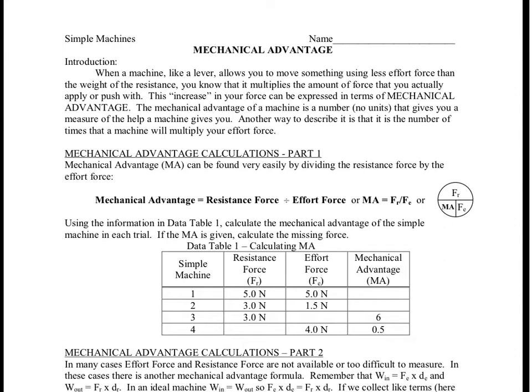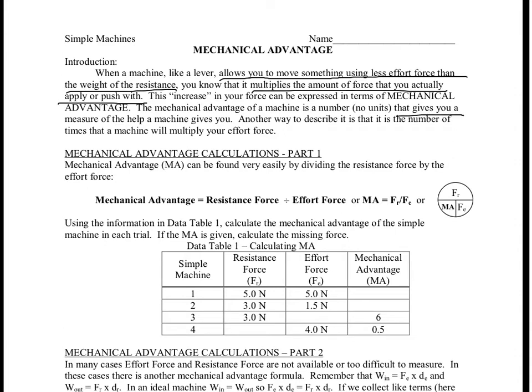When a machine, any type of simple machine, allows you to move something with less effort force than the weight you're trying to lift, then we say it multiplies the amount of force that you actually push with. So it makes work easier for you to do.